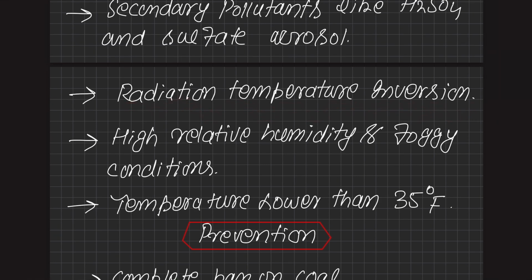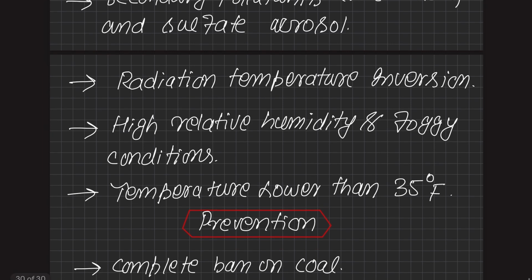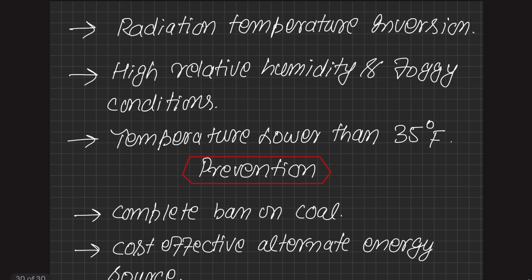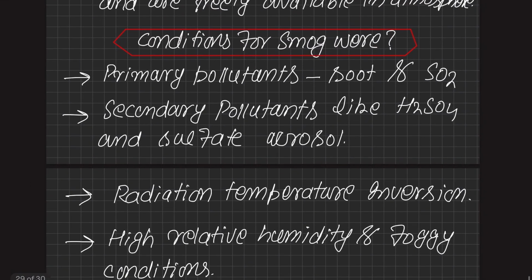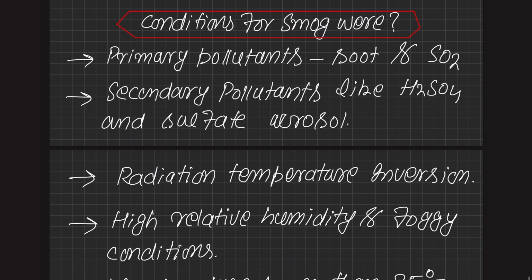When this condition is present, there will be no dispersion of pollutants and the smog will appear. Then there is the condition of high relative humidity and foggy conditions, and the last is a lower temperature of 35 Fahrenheit, and this type of temperature is usually present during the winter season.